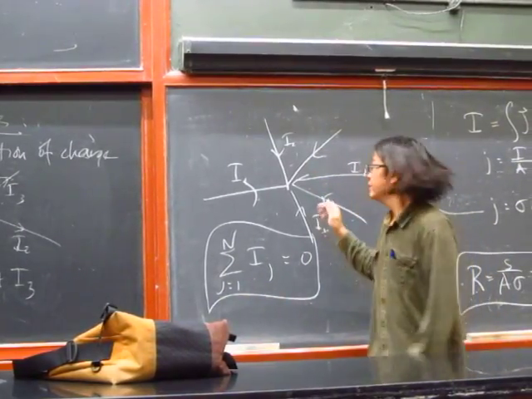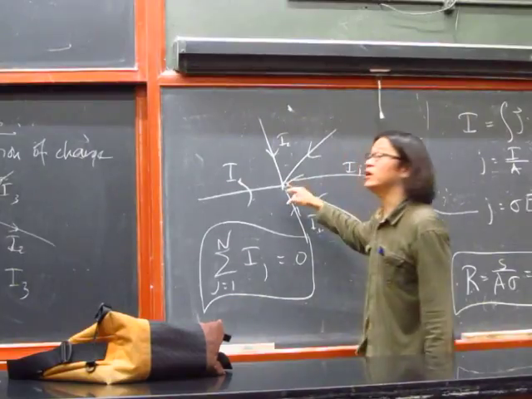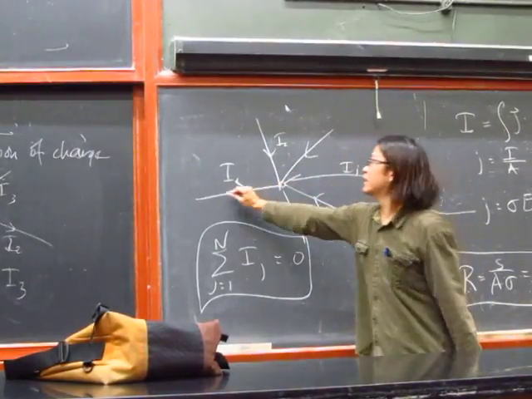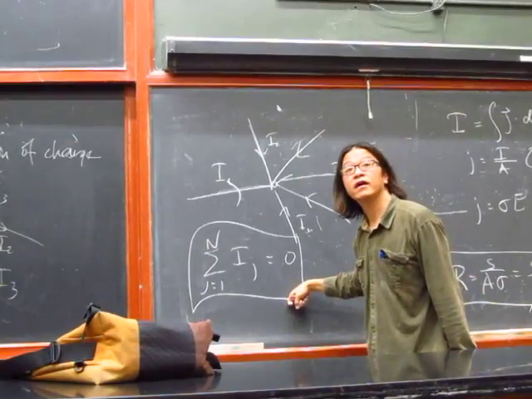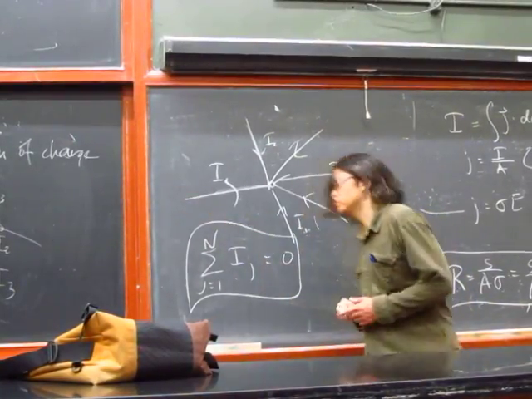You cannot just have an accumulation of charge over here. What comes in must get out. That's just the concept of conservation of charge.